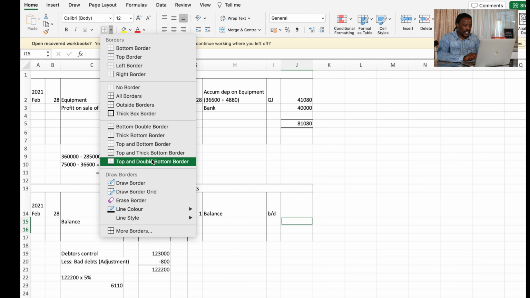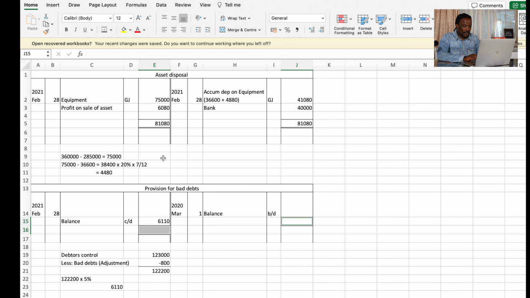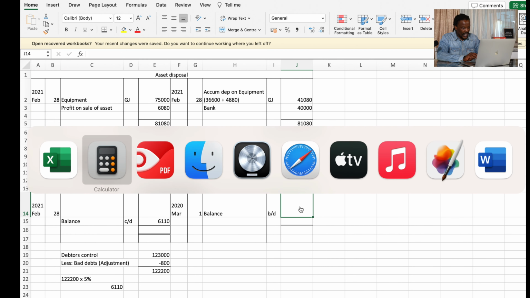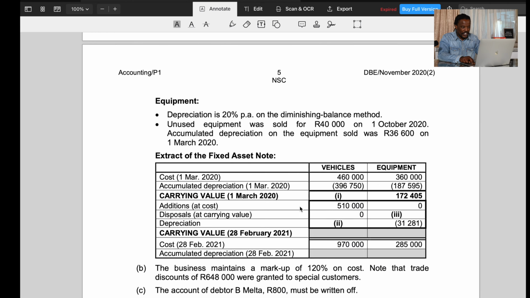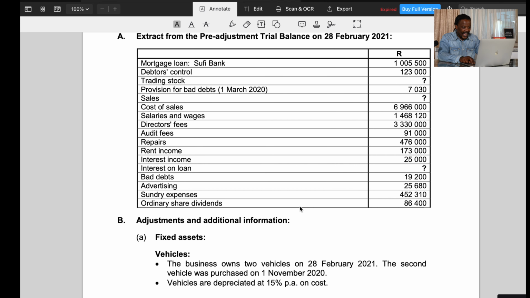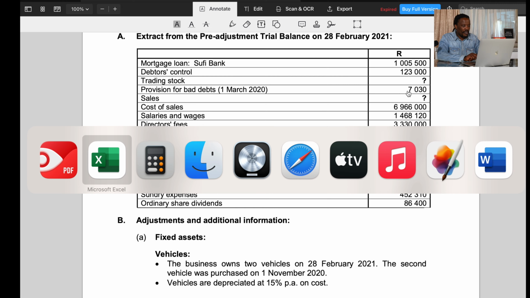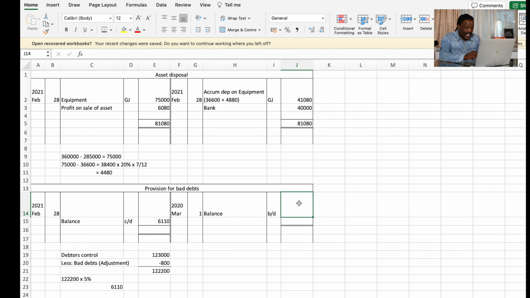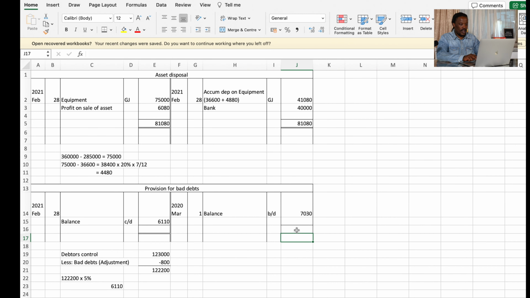I didn't record the balance brought down. But the balance brought down comes from the pre-adjustment trial balance, where it is provision for bad debts. And in brackets, they will indicate that this was the balance at the beginning of the year, 7,030. Which side is bigger? 7,030.